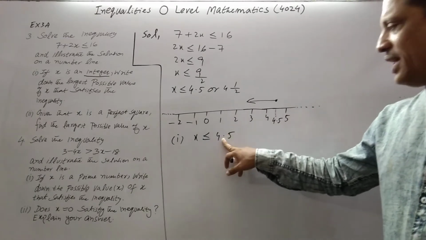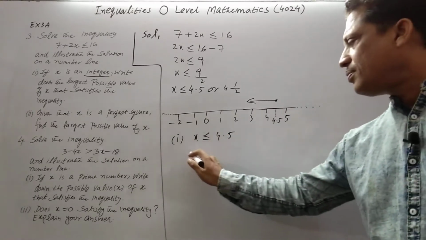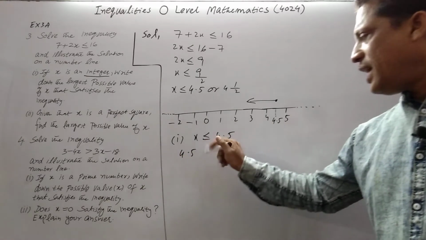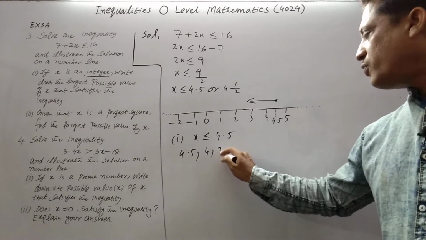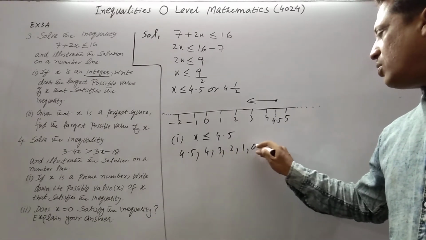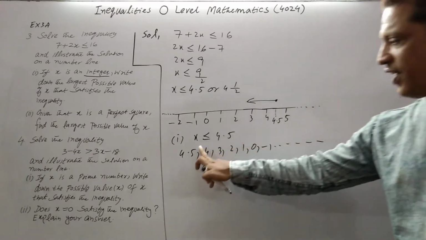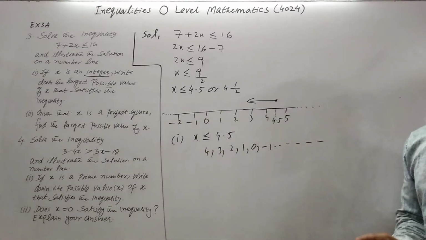So what is the value of x? 4.5 or less means 4.5 is included, or 4 or 3 or 2 or 1 or 0 or -1 and so on. But 4.5 is not an integer, so we will not include it in this particular case.